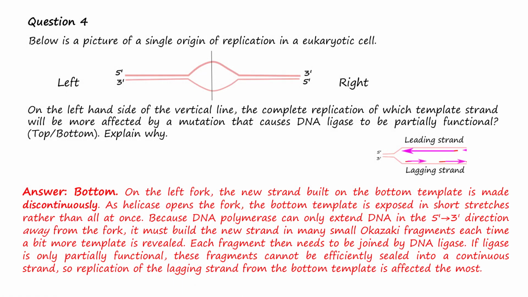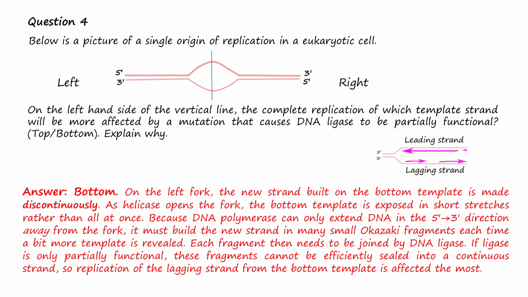On the left fork, the new strand built on the bottom template is made discontinuously. As helicase opens the fork, the bottom template is exposed in short stretches rather than all at once. Because DNA polymerase can only extend DNA in the 5' to 3' direction away from the fork, it must build the new strand in many small Okazaki fragments each time a bit more template is revealed.